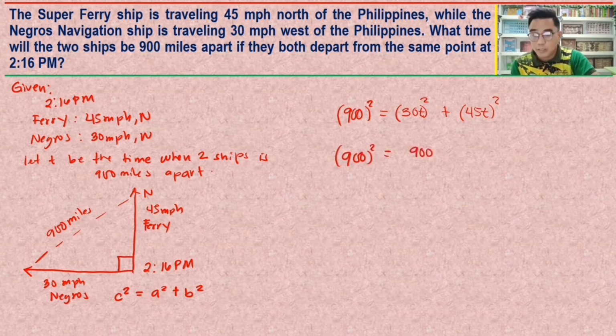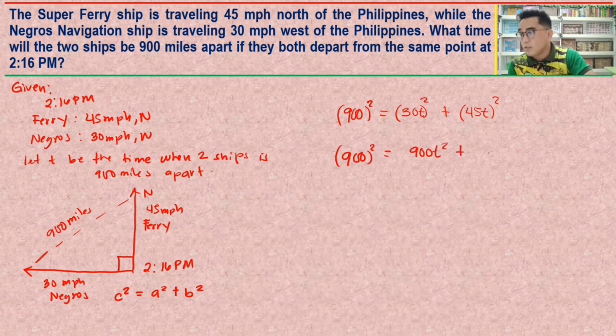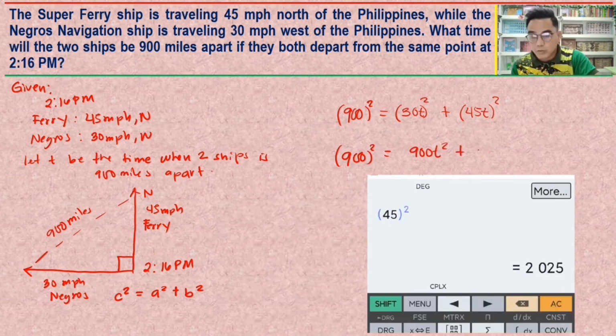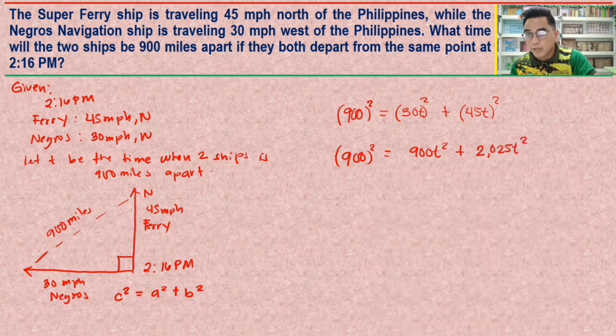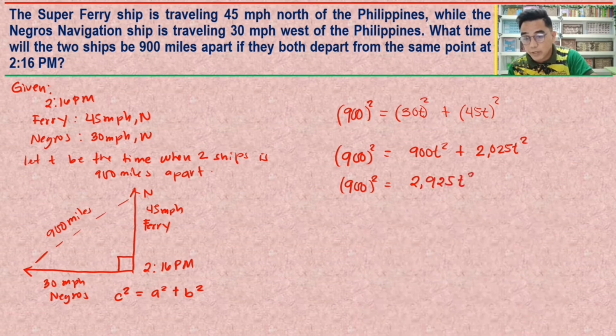That is 900 t squared plus the square of 45, which is 2025 t squared. That is the 900. So 900 plus this becomes 2925 t squared. Since we are asked to solve for t, we're going to take the square root of both sides.